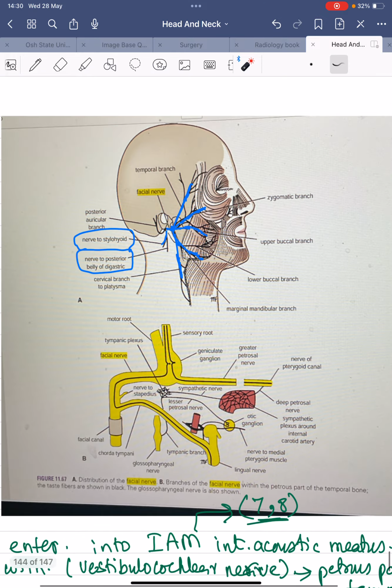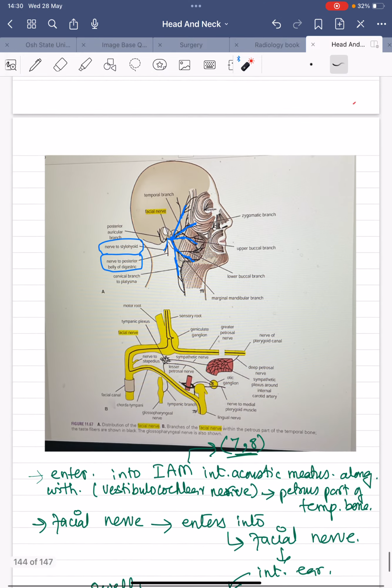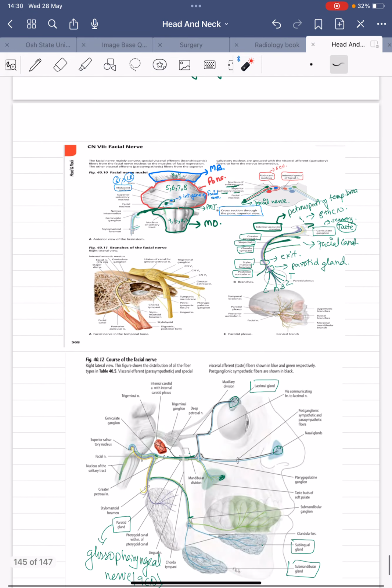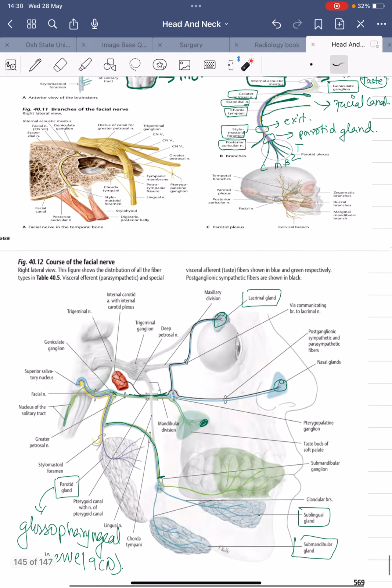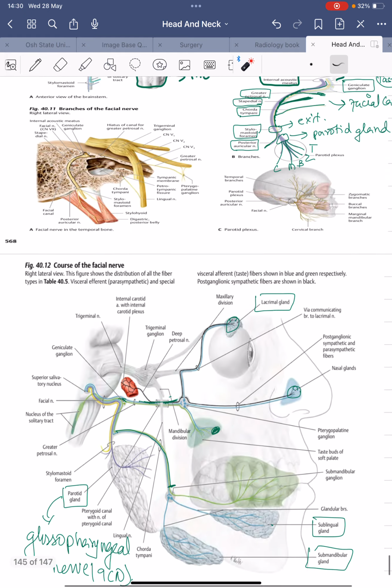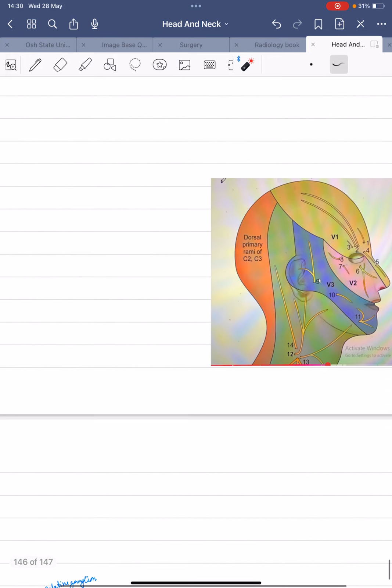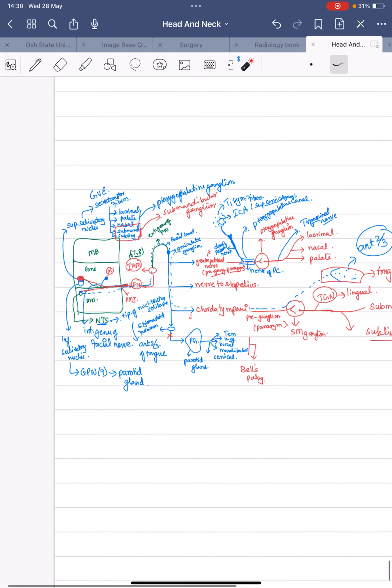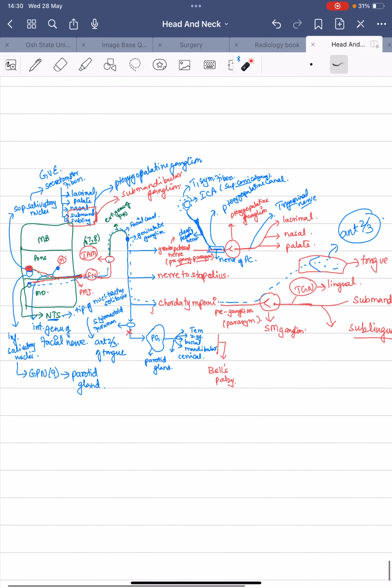Okay, so this is how you are going to study the facial nerve and the course of the facial nerve. Very, very important topic. So you must know. If you draw this diagram yourself, then you will never make a mistake.